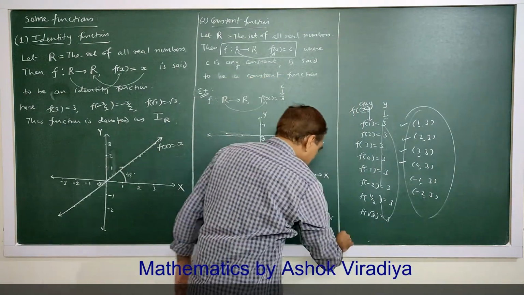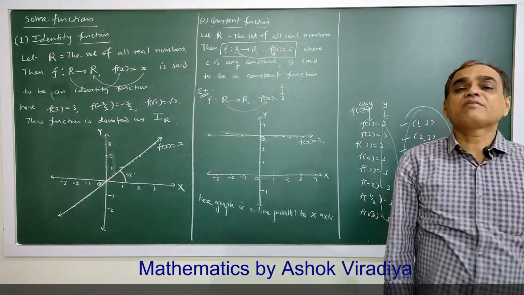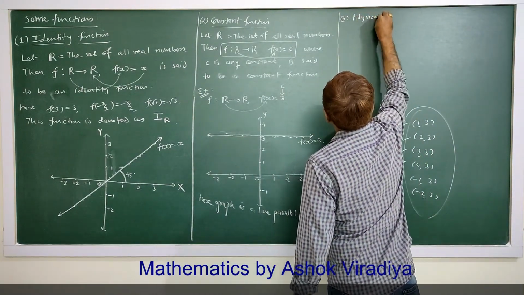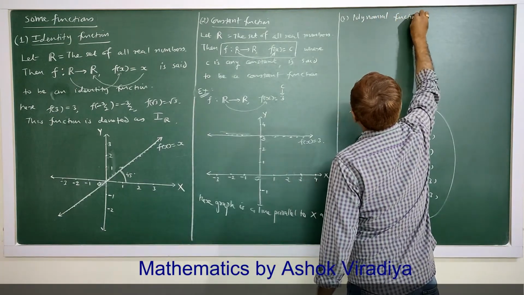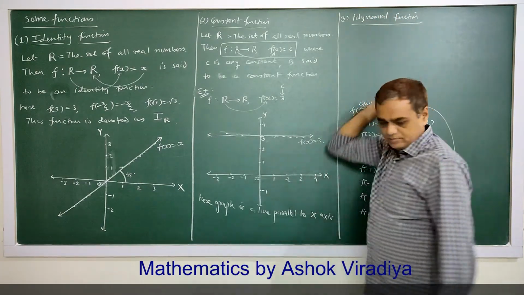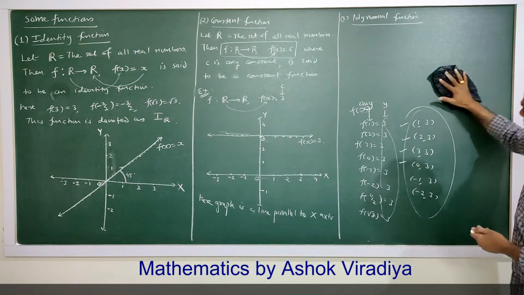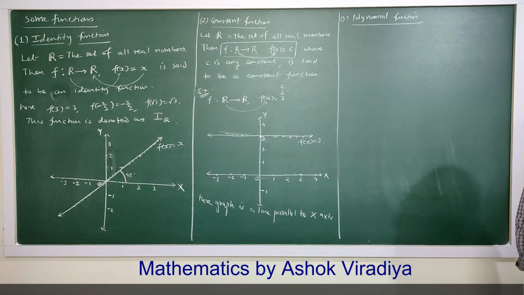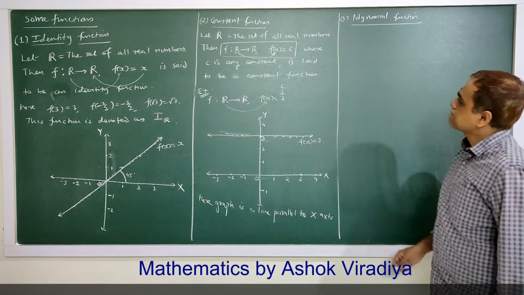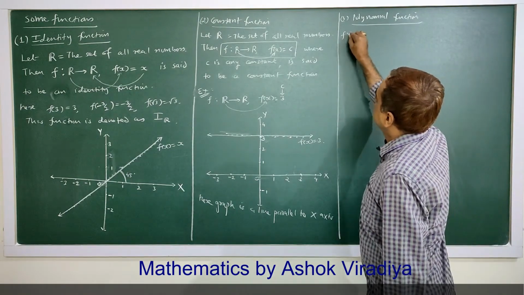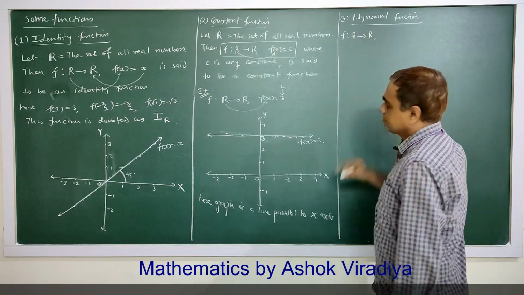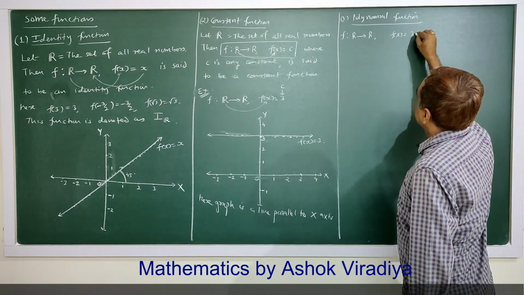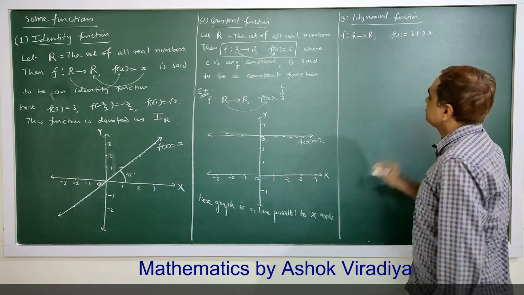Now next is polynomial function. See, here I am taking a function from R to R, f(x) = 3 + 7x.